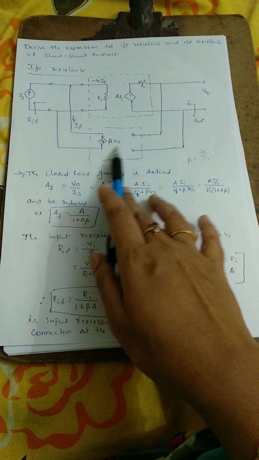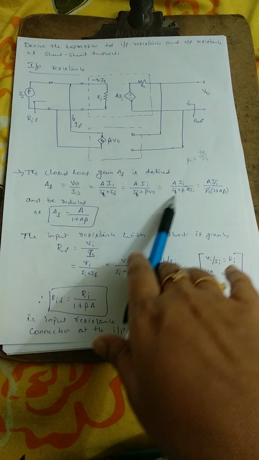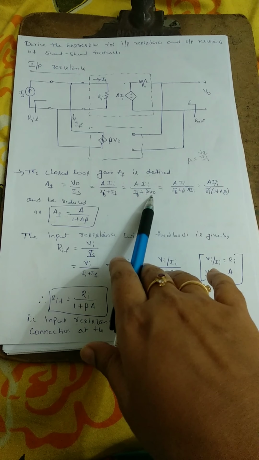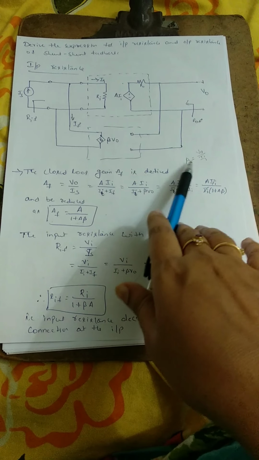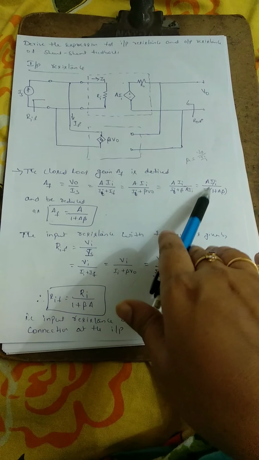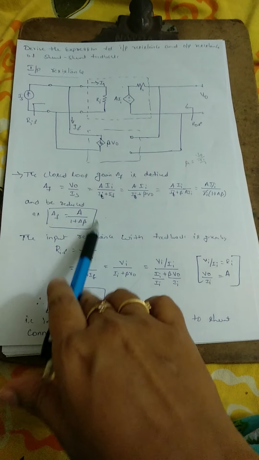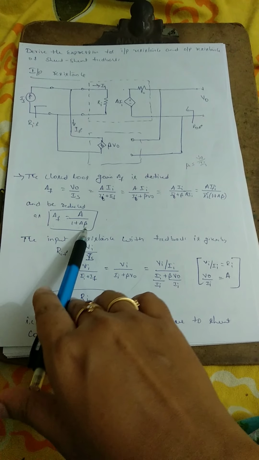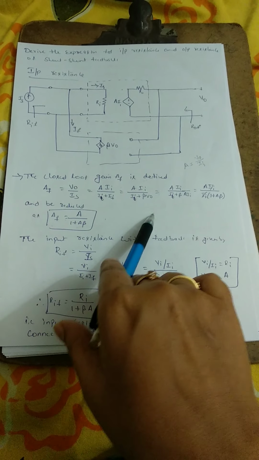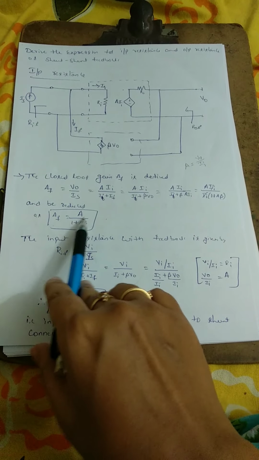IF is beta V0, and V0 is A Ii. So Ii will cancel, and AF is equal to A divided by 1 plus A beta. This is standard for all the amplifiers. You can derive it the same way for all of them. This derivation is not necessary; you just need to know AF is equal to A divided by 1 plus A beta.